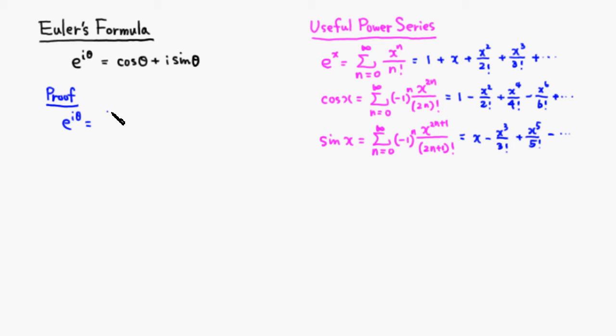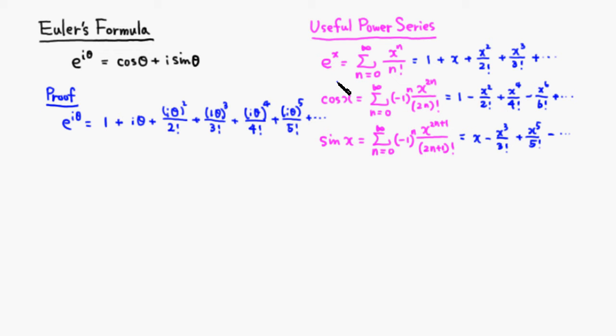So it's going to be 1 plus i theta plus (i theta) squared over 2 factorial plus (i theta) cubed over 3 factorial plus (i theta) to the 4th over 4 factorial, and maybe one more, plus (i theta) to the 5th over 5 factorial, and so on.